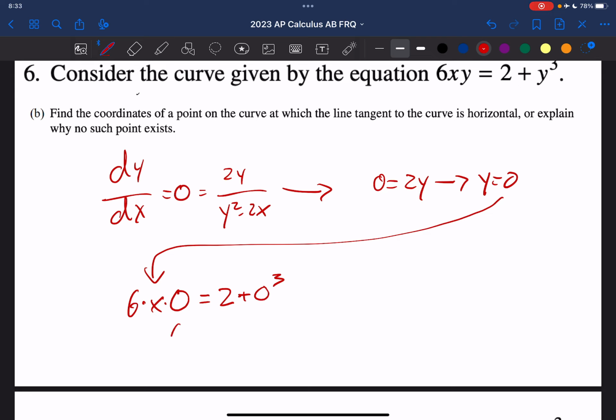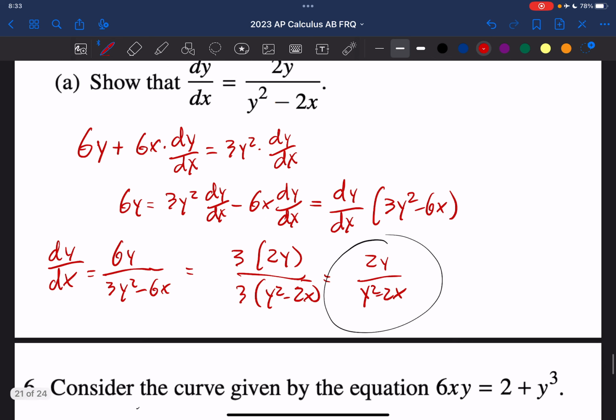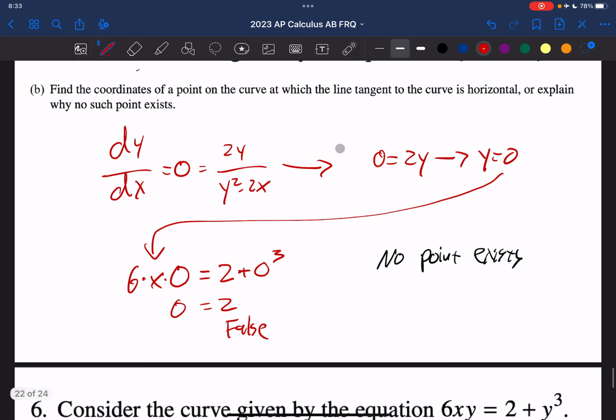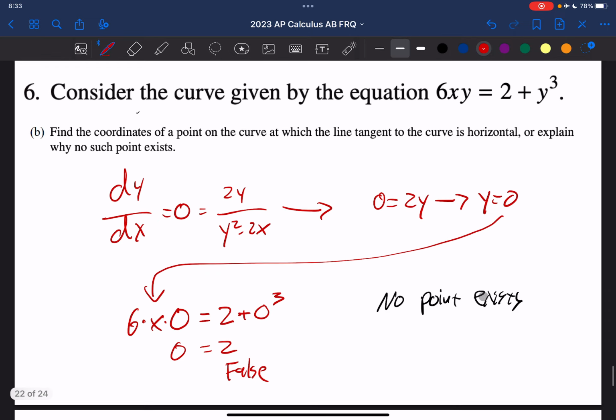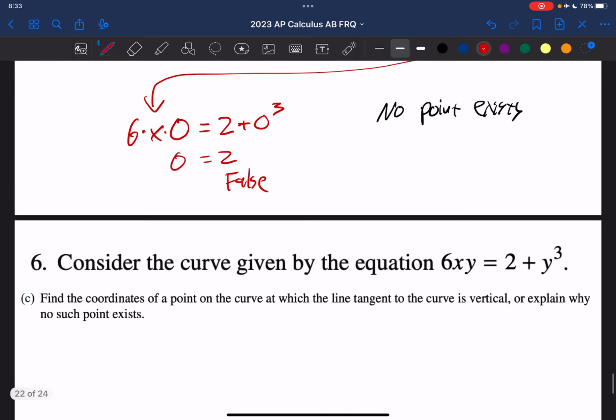So when we do that, we get 0 equals 2, which is false, which means no point exists. Because we started with the condition that slope was 0, we said that 2y had to equal 0, so y was 0, and by putting that back into the original problem, it produced a false statement. So that means no such point worked.